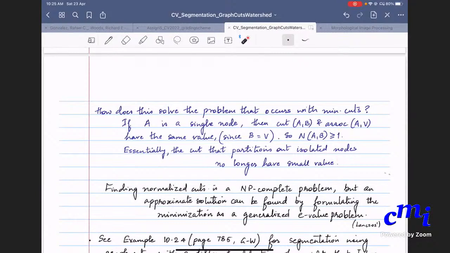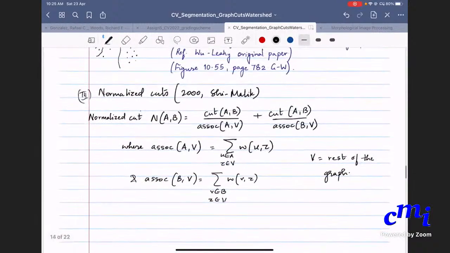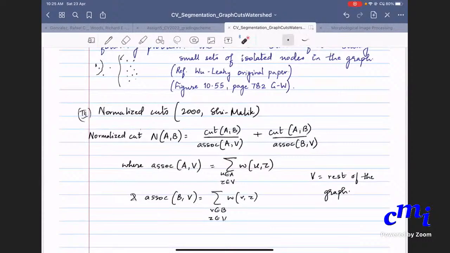So with this normalization, what will happen is that cut AB and association AB will have the same value when A is a single node. If you have a partition where A is just one node and B is the rest of the vertices, then when we look at this quantity, cut AB over association AB, this is going to be 1.